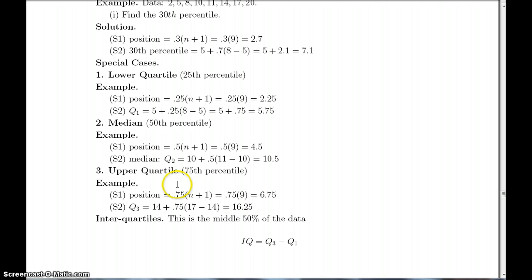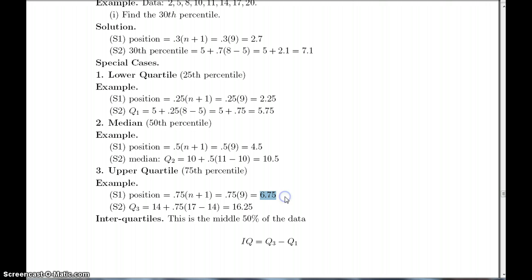Do that one more time for the 75th percentile, and we should probably pause here and make sure you can do this by yourself. Okay, so first we get 0.75 times n plus 1, 0.75 times 9, which is 6.75.